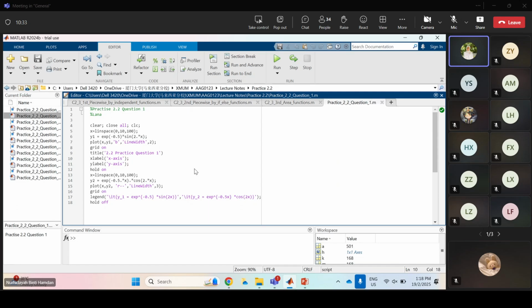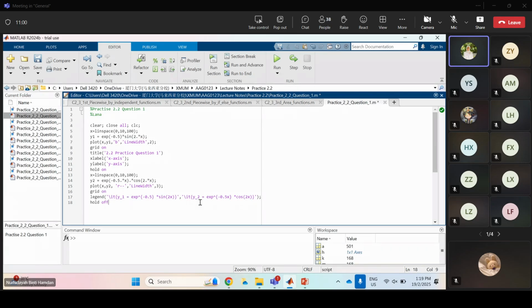As label, I put x-axis, and y-axis. Then hold on.